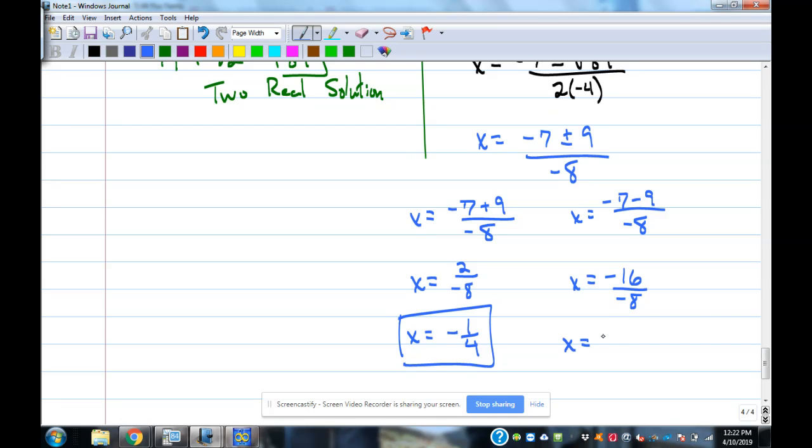Why? That's right. Because they're both negative. Yeah, -16 divided by -8 is a +2. Good job. So we got our 2 answers, 2 real solutions. The square root worked out, so that's why we end up with regular numbers. If the square root doesn't work out, you don't end up with regular numbers. Any questions about that one?